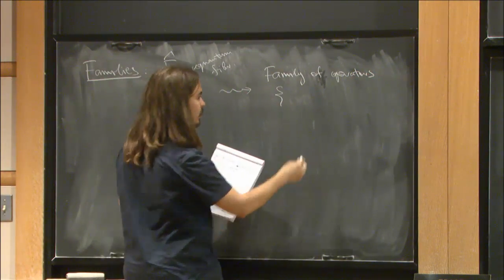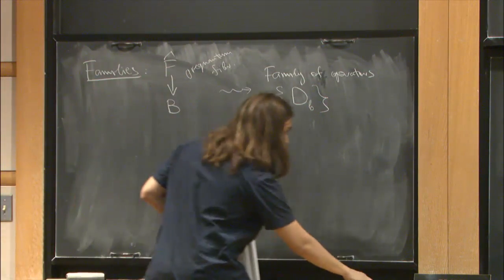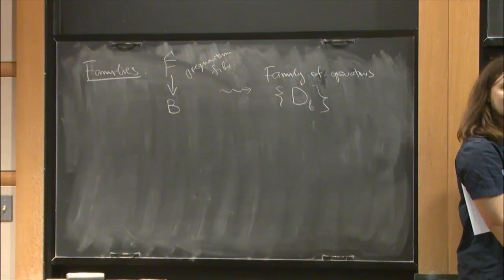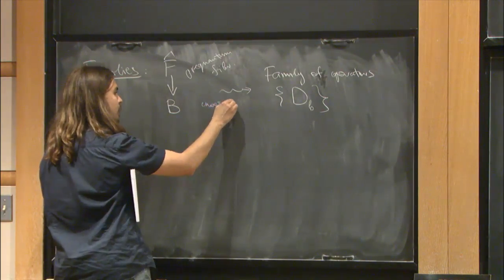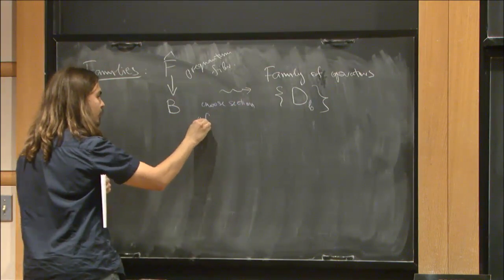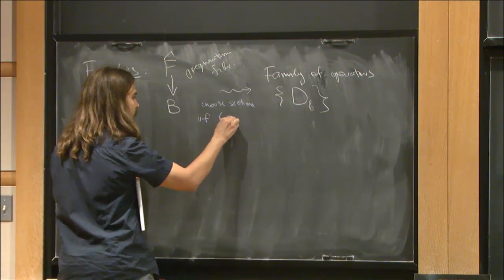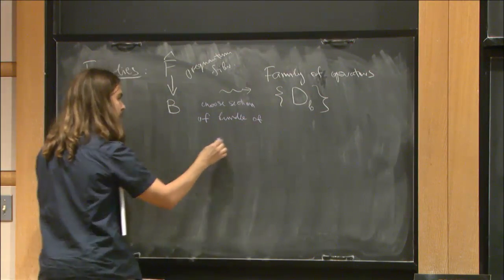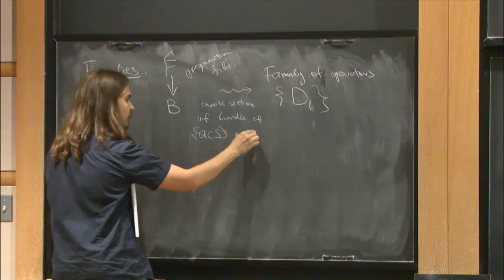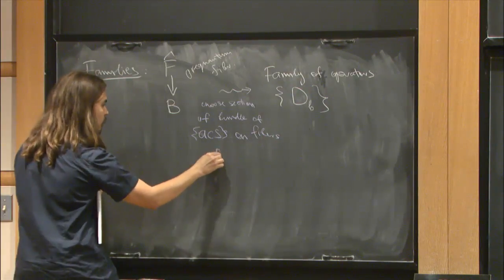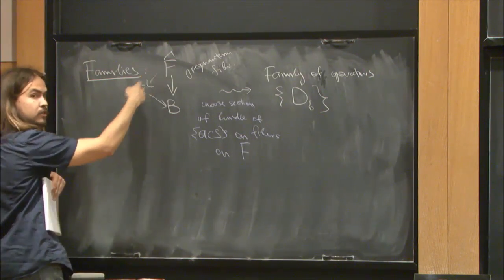Let me call it D_B. Well, in this family, I had to choose this J. So I choose a section of the bundle of spaces of almost complex structures on the fibers of F, where F is the Hamiltonian fibration which this underlies.